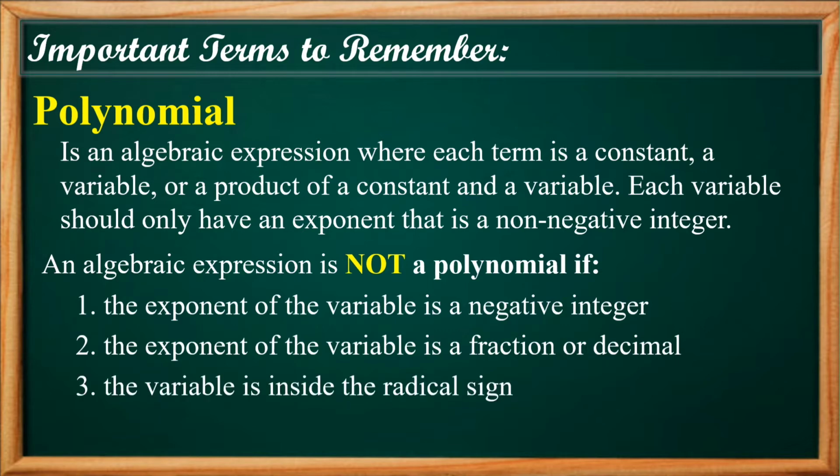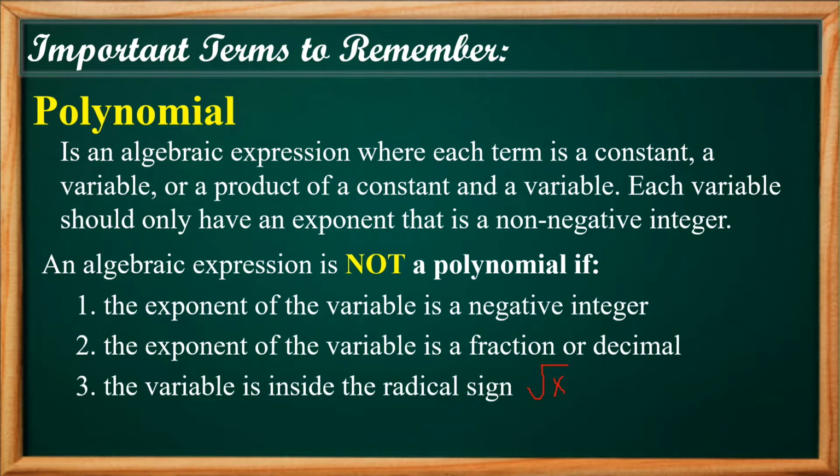The third one, the variable is inside the radical sign. Hindi siya pwede sa radical sign. Kapag ang variable ay nasa loob ng radical sign, example, the square root of x.